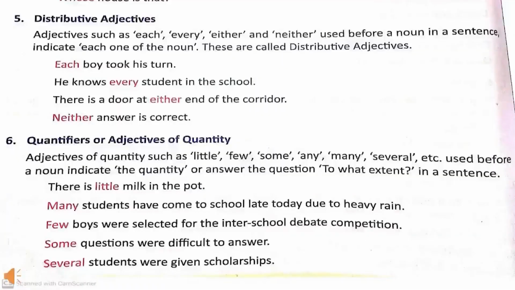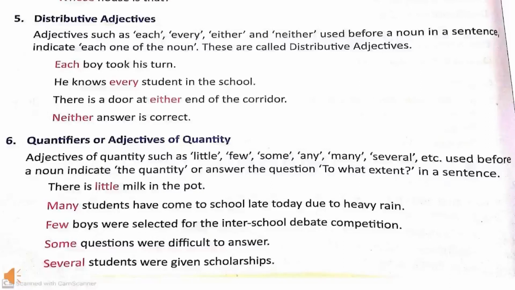Next kind is distributive adjectives. Adjectives like each, every, either, neither are used before a noun to indicate each one of the mentioned group, and these are called distributive adjectives.